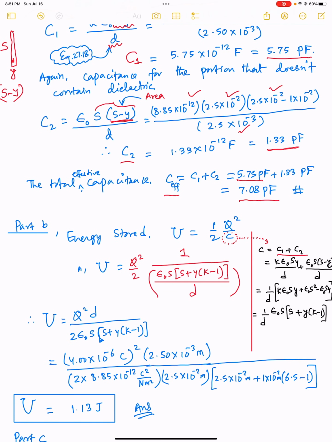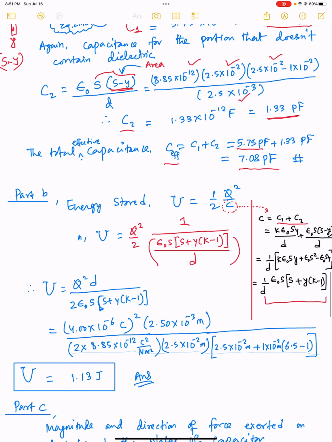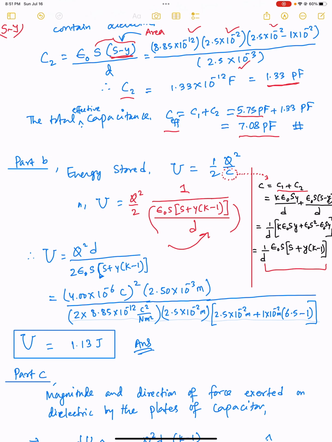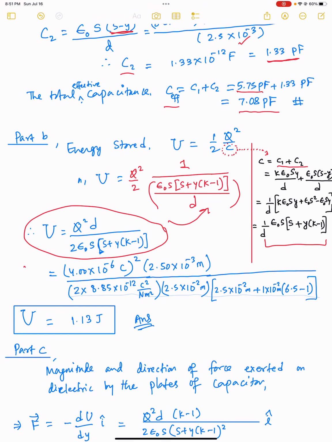You can further simplify the corresponding values and you will be able to get this, and you can further solve this into a simpler form, and it will be U equals Q squared d over 2 epsilon naught S, and this whole expression you just have to plug in the corresponding values and you will be able to find out this.